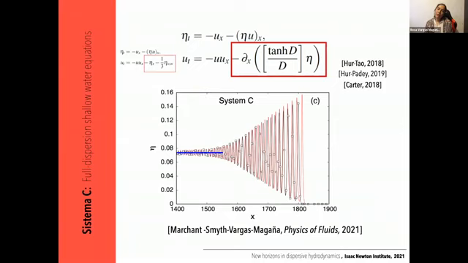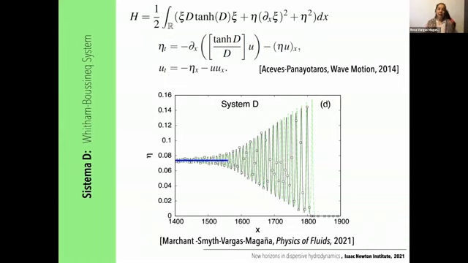And this is the full dispersion shallow water equation. This system was introduced by Vera Hoare, who gave us a talk last week in 2018. She took the shallow water Boussinesq equation and substituted the dispersive terms with the full dispersion relation of the Euler equations, as you can appreciate in this slide.